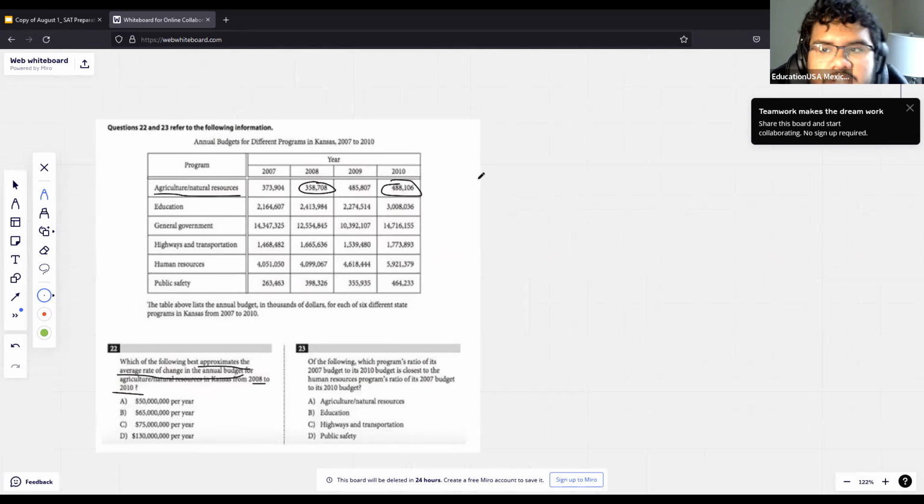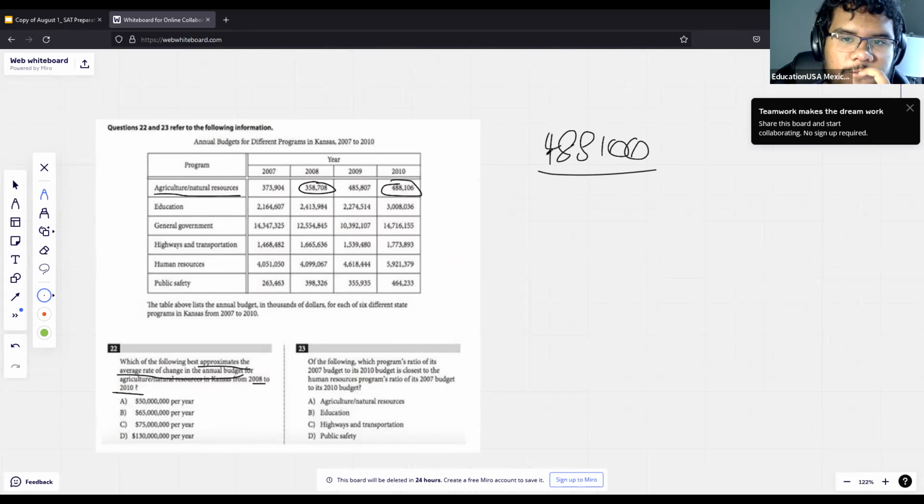For this kind of problem, you don't have to calculate the exact number. You don't have to do anything like 488,106 subtracted by 358,708.